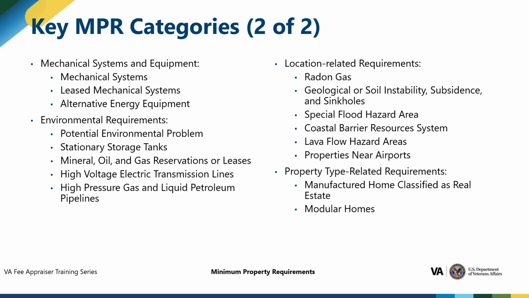Location-related requirements such as radon gas, geological or soil instability, subsidence and sinkholes, special flood hazard areas, coastal barrier resources system, lava flow hazard areas, and properties near airports. In property type-related requirements, for example, manufactured homes classified as real estate and modular homes.